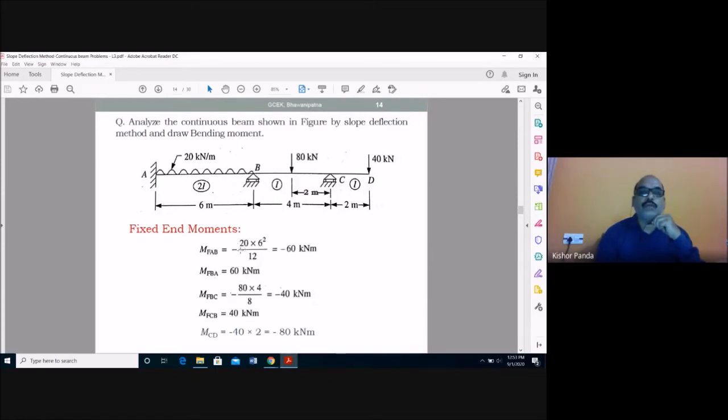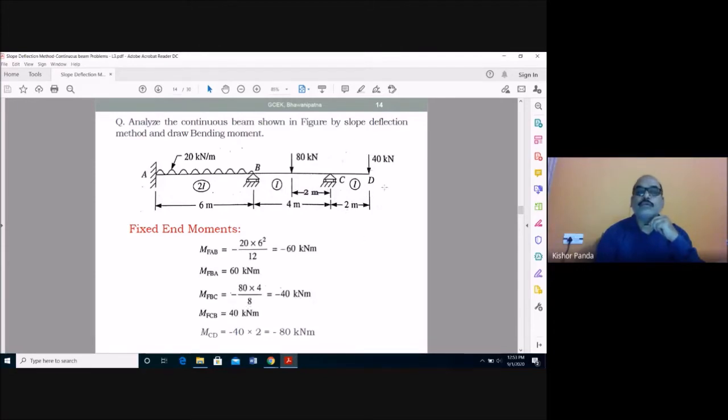Here this is plus 20 into 6 square by 12, a positive value. Then for span BC, MFBC is minus WL by 8, minus 80 into 4 divided by 8, minus 40 kilonewton meter, and MFCB is plus 40 kilonewton meter.